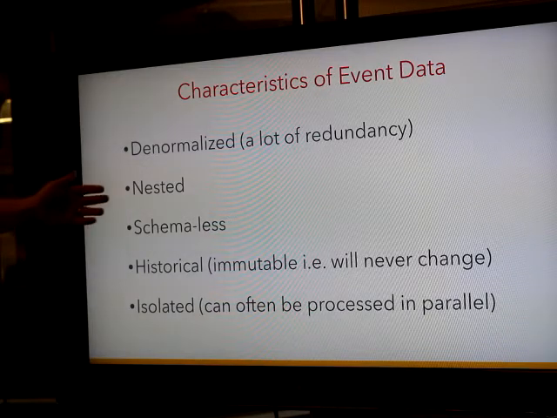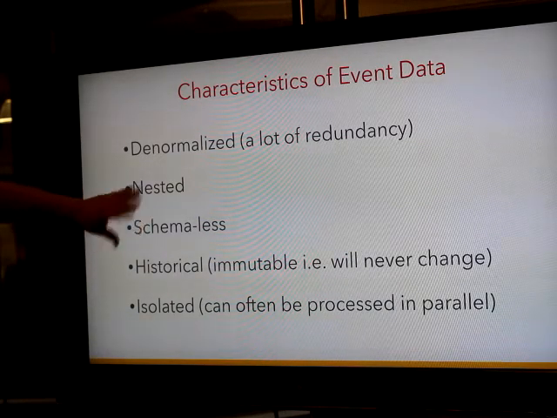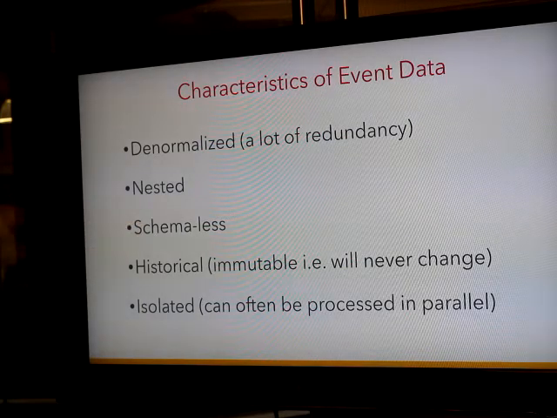It's often nested. To use JSON as an example, you might have a nested schema, where you've got some top level fields and then they have child fields and so on. But it may also be schemaless. So with Solr and Fusion, for example, we don't know what particular schema an individual organization is going to be using with their data.